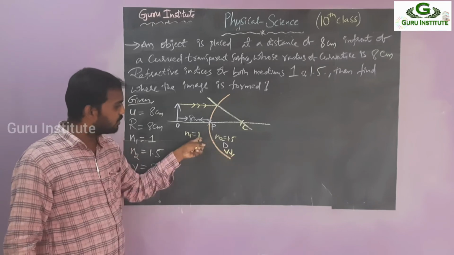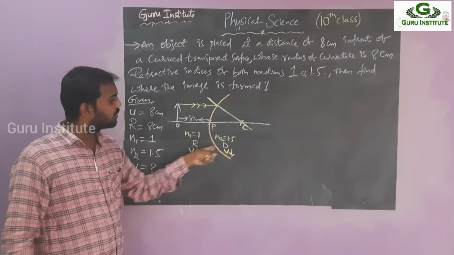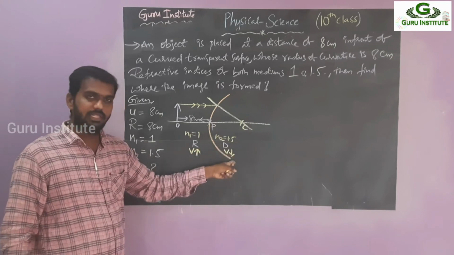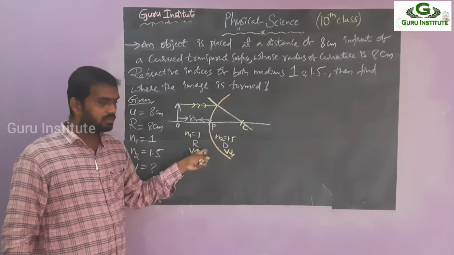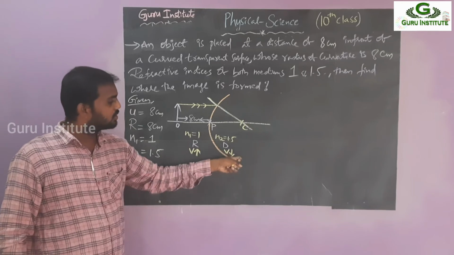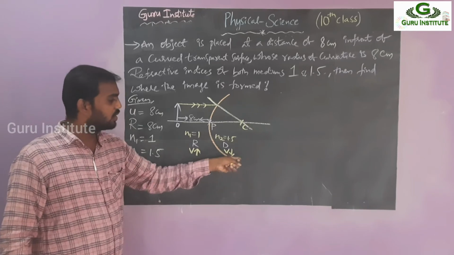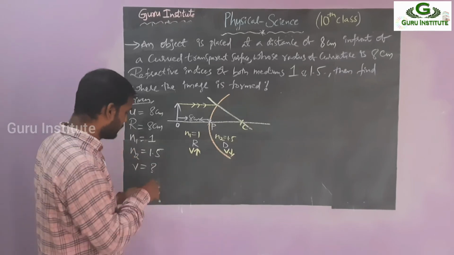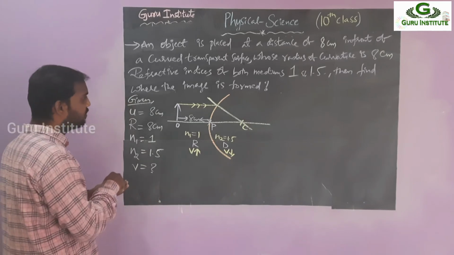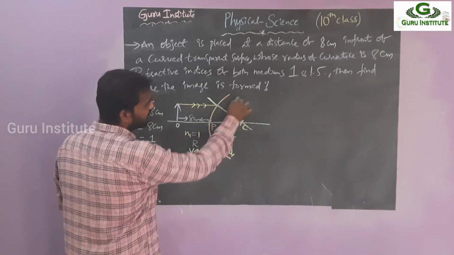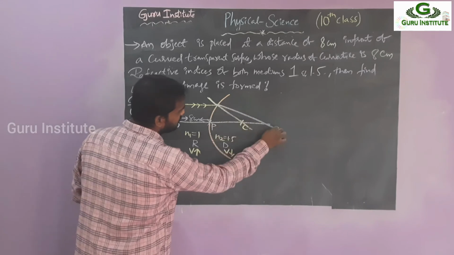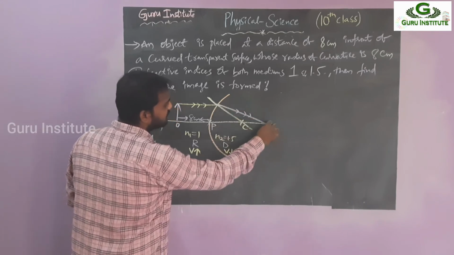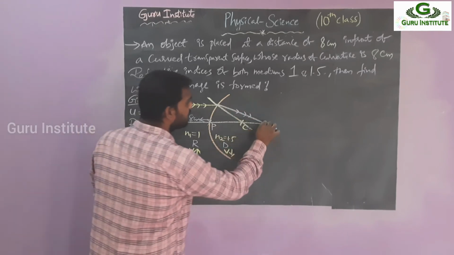Observe clearly: n value less, so v value more; n value more, so v value less. So from a higher speed of light to a lower speed of light medium, it bends towards the normal. So the image is formed here somewhere, whatever it may be.